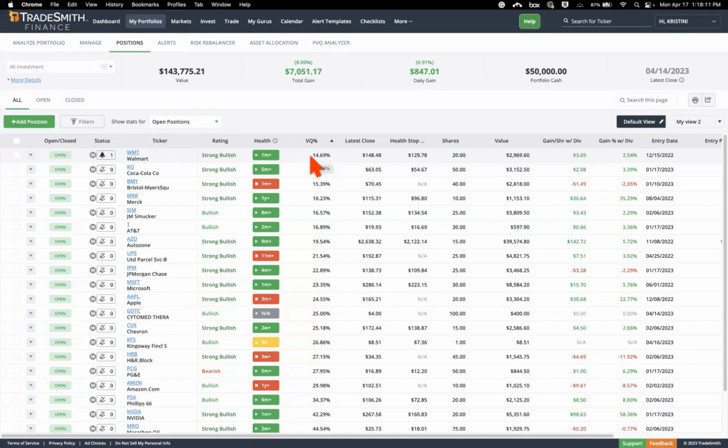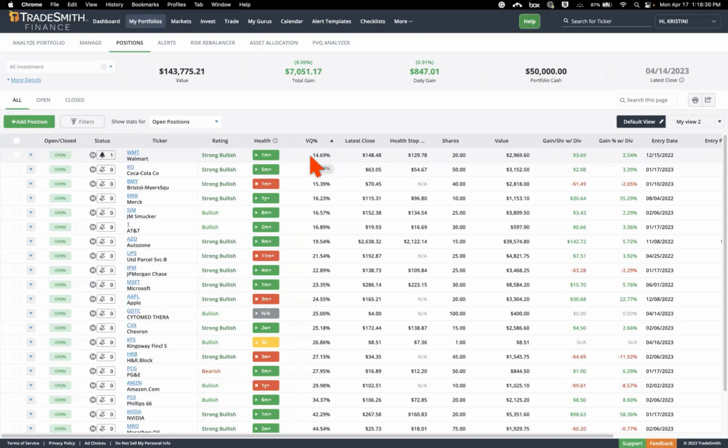Walmart moves up and down around 15%, and if you added the 25% trailing stop, that's a 10% difference between those 2 percentages. So you are, in fact, potentially losing more money with a wider stop loss.